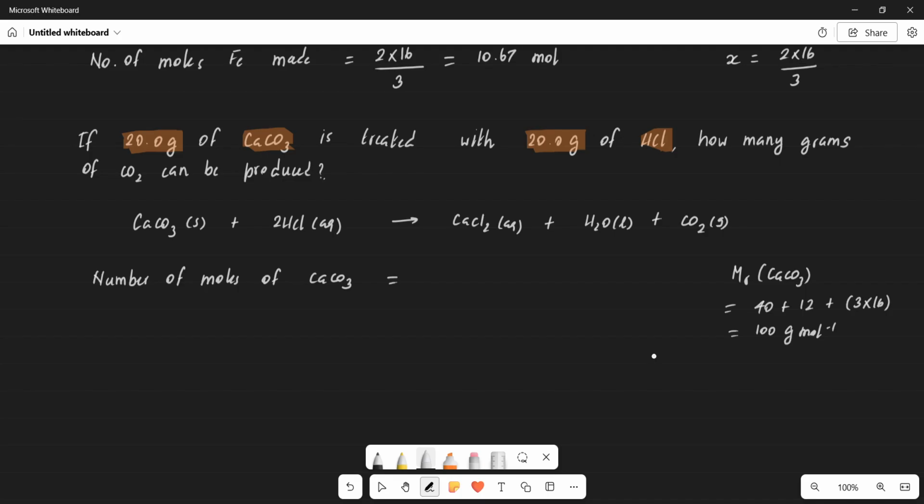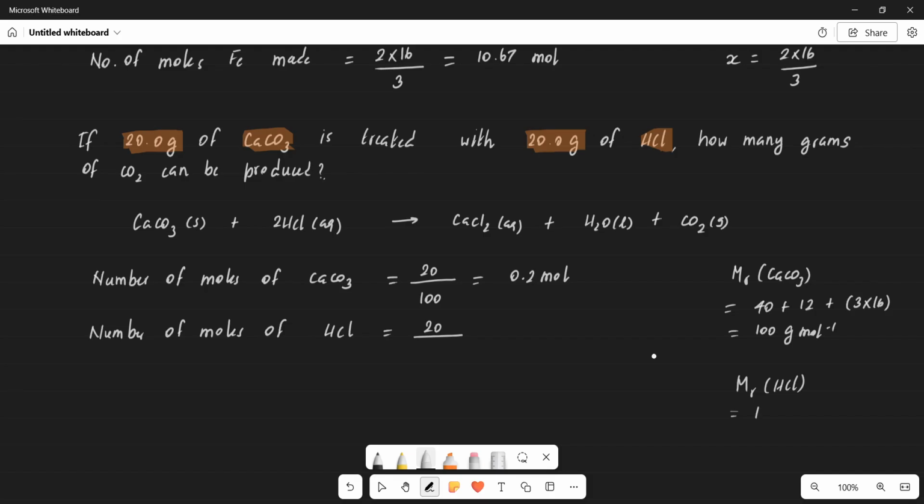So number of moles of calcium carbonate will be 20 divided by 100, which is 0.2 moles. If I go for number of moles of HCl, which is equal to 20 divided by the molar mass of HCl.